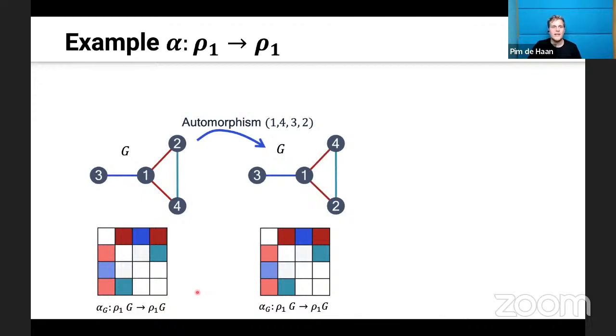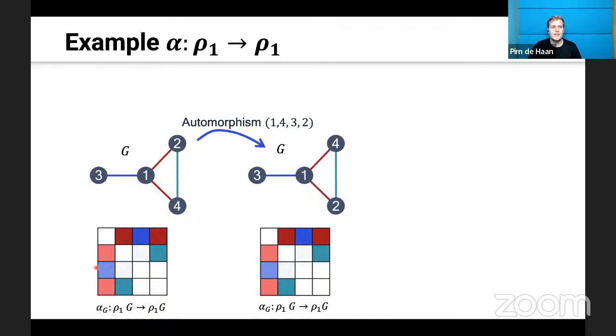What we require is that for any automorphism of the graph, the equivariance diagram here basically means that first applying the automorphism and then the matrix yields the same as applying the matrix and then the automorphism.